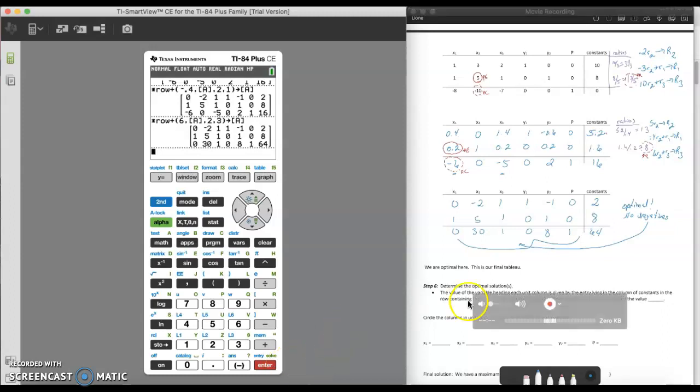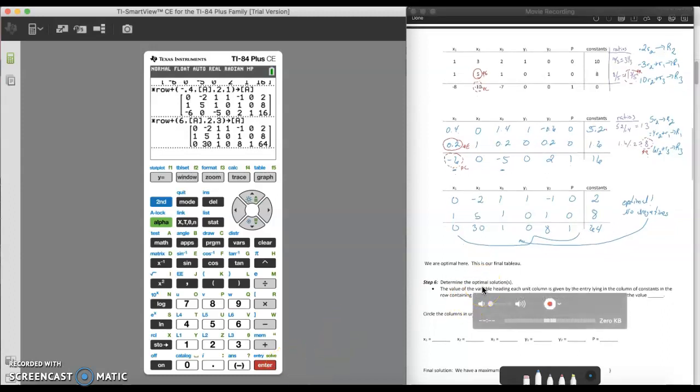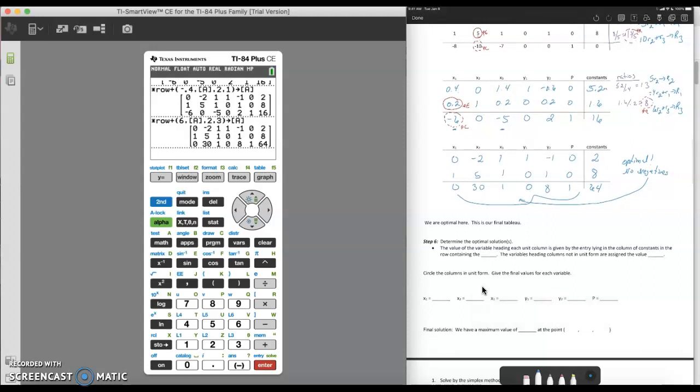Okay, so how do we read the final answer for one of these? So to determine the optimal solution, it says the value of the variable heading each unit column is given by the entry lying in the column of constants in the row containing the 1. The variable headings of the columns not in unit form are assigned a value of 0.